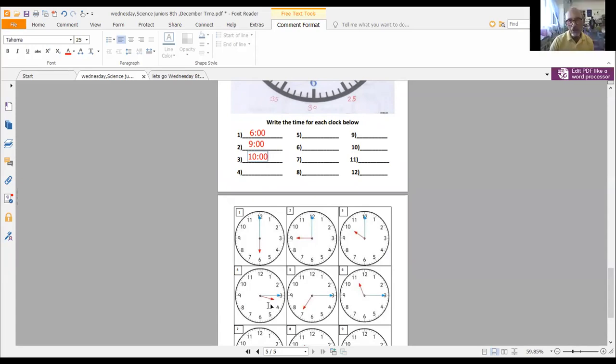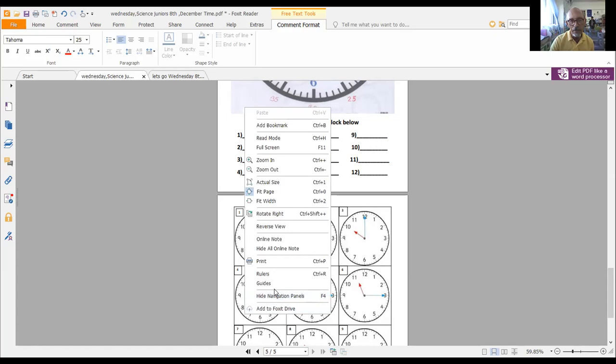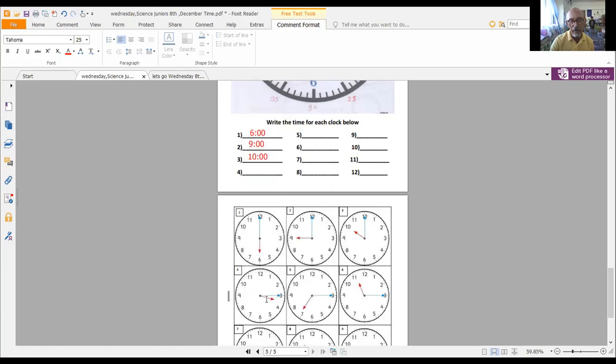Now it starts getting a little tricky when there's minutes. Okay. When there's minutes, we can look at this clock and see that the minute hand is on 3. And the hour hand is not quite to 4. So that means it's 3 something.